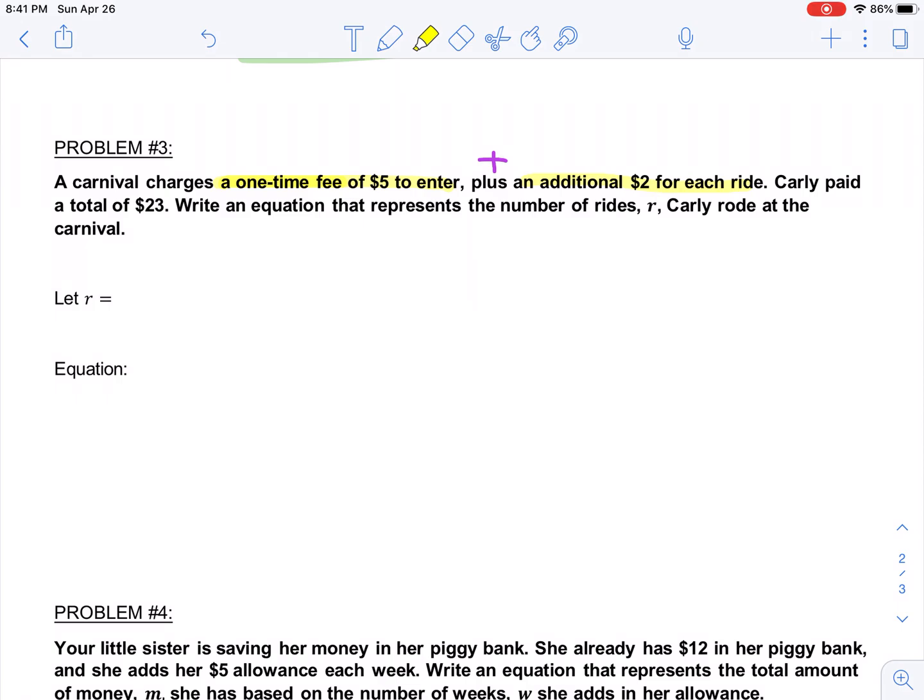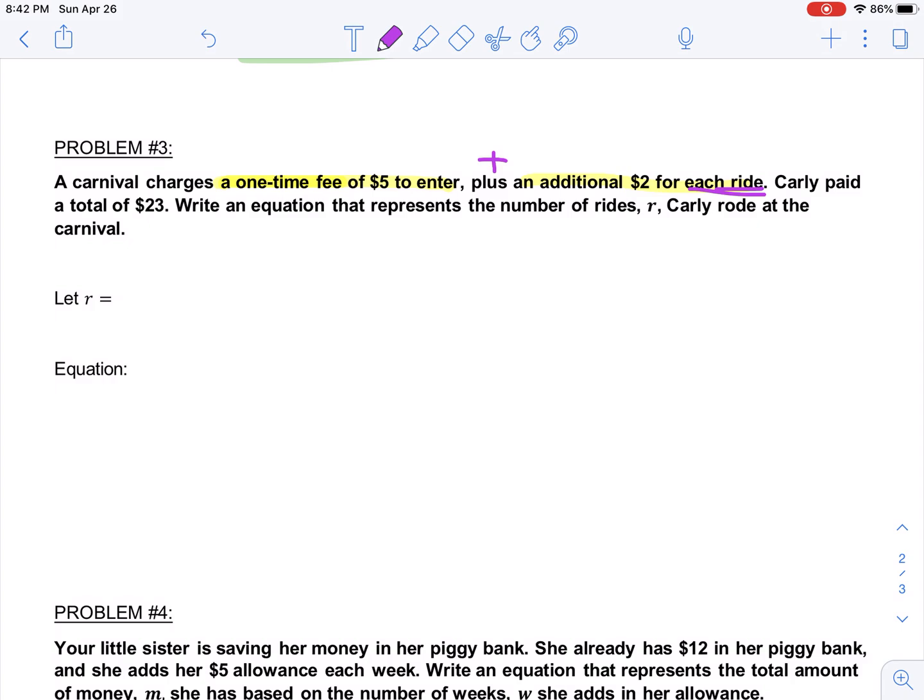Ooh. So every ride you go on at the carnival is going to cost you an extra $2. You might want to go on 5 rides. You might want to go on 10 rides. You might go on 20 rides. Well, however many rides you go on, you have to pay an additional $2 for each ride. That's really, really important.